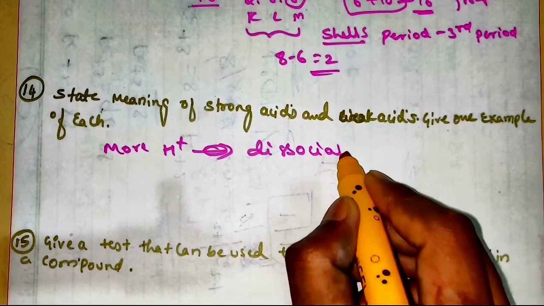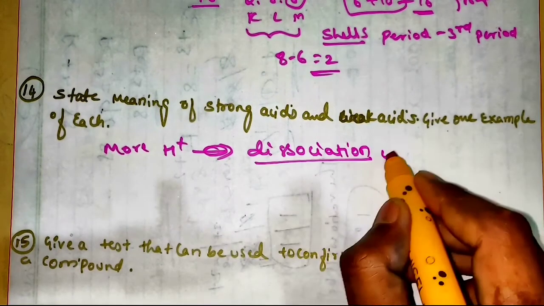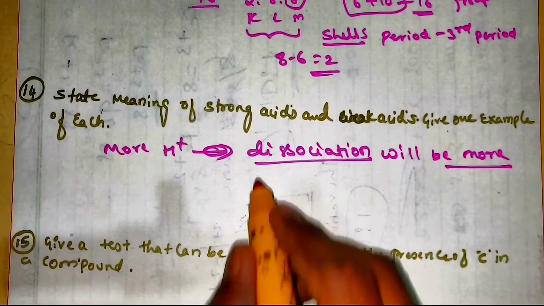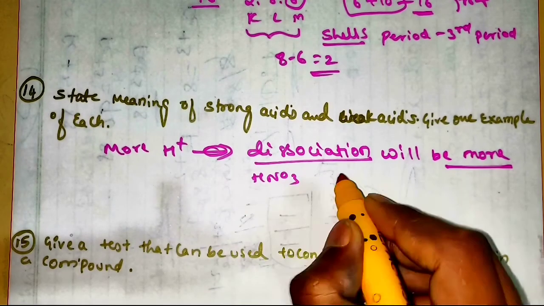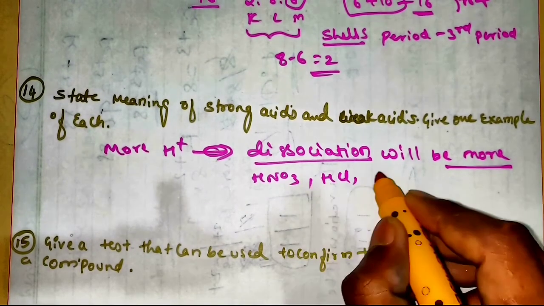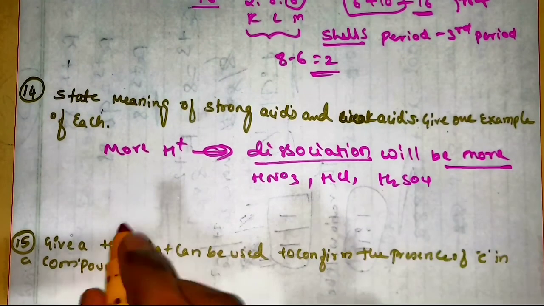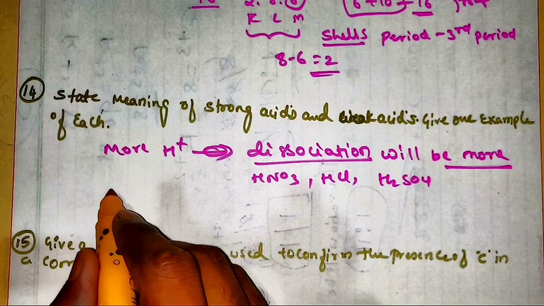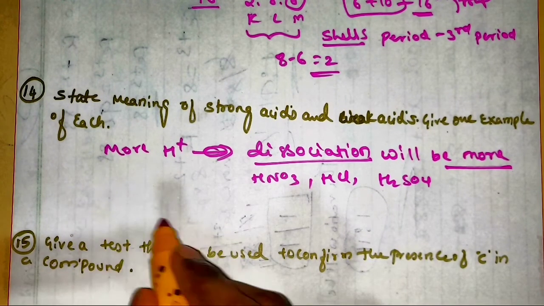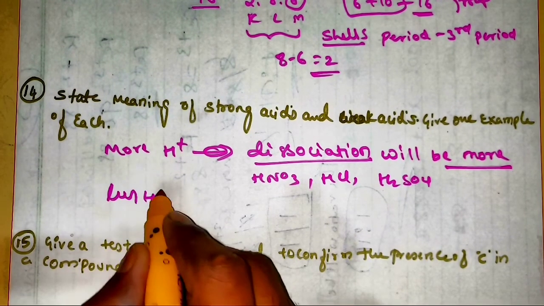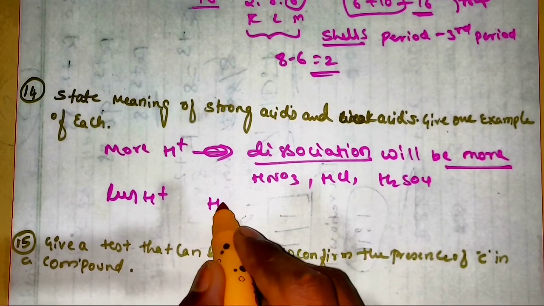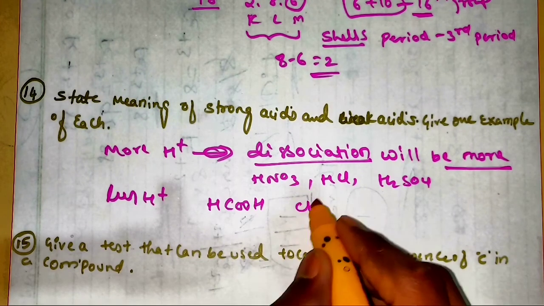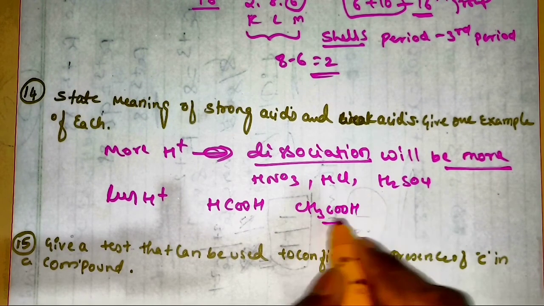Here dissociation should be complete. Examples: HNO3, HCl, sulfuric acid, etc. When we take a weak acid, partial dissociation takes place, hence fewer H plus ions are produced. Examples: HCOOH, all carbon-containing acids, CH3COOH, etc.